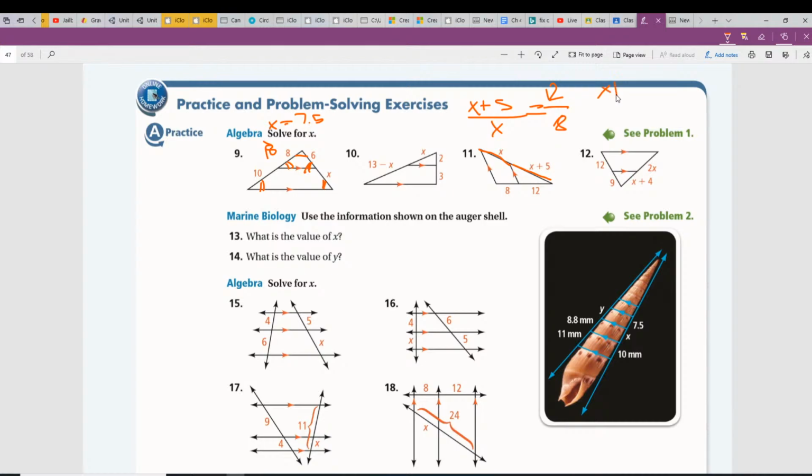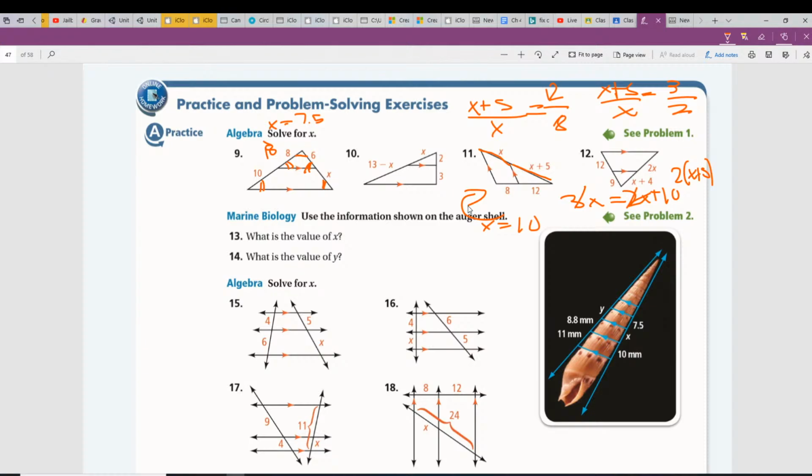Okay, we can simplify this. x plus 5 divided by x is equal to 3 divided by 2. 2 multiplied by x plus 5, 3x is equal to 2x plus 10, minus 2x, right? We technically have x equals 10. Okay? So here we have x is equal to 10.